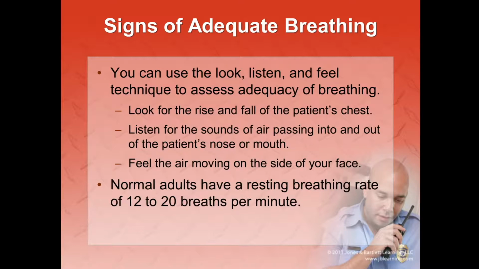Breathing rates: a normal breathing rate for an adult is anywhere between 12 and 20 breaths per minute. As far as quantity goes, if we're not breathing enough, like I said earlier in the PowerPoint, if you have a person breathing 6 times, 5 times a minute, even 8 times a minute, I'd be worried about their quantity of breathing.